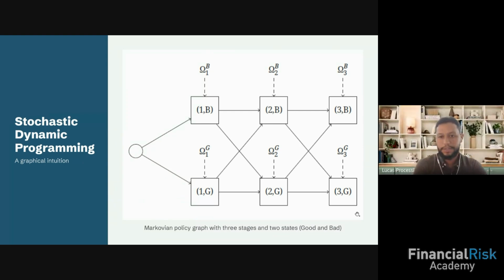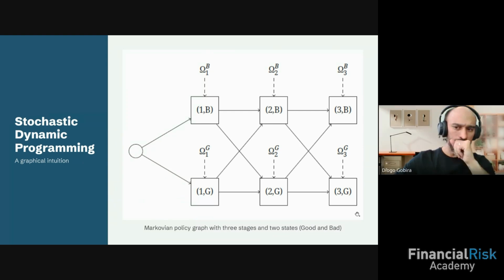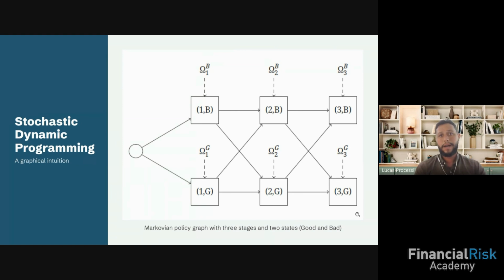Can I add something, Diogo? Yes, please, Lucas. I think that the way the model updates the probabilities, instead of a Bayesian scheme, in this setup that we have in the diagram, it uses more of a Markovian way of updating the probabilities. So you have multiple transition probabilities, transition matrices, right? And these matrices govern the leaps between states.